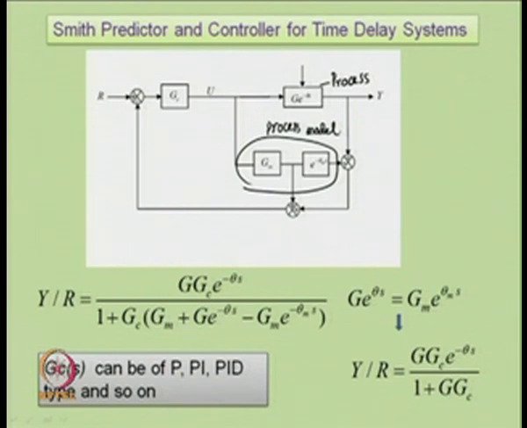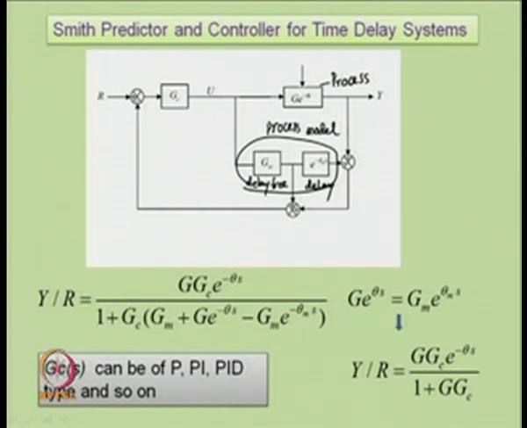The process model is made up of two parts: the delay free part of the process model, and the time delay or dead time part of the process model. The actual process put in this fashion along with this process model gives us a Smith predictor and controller structure.